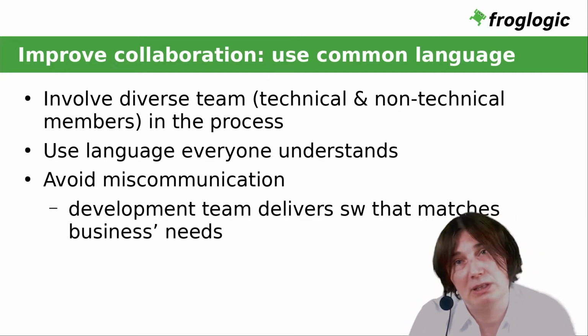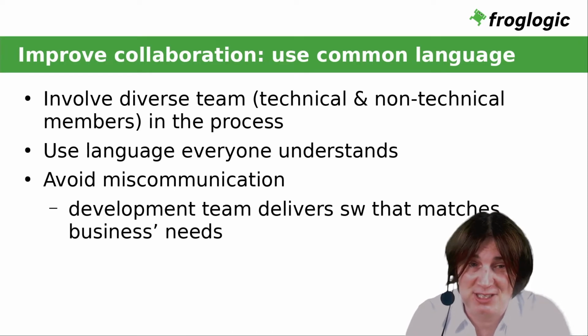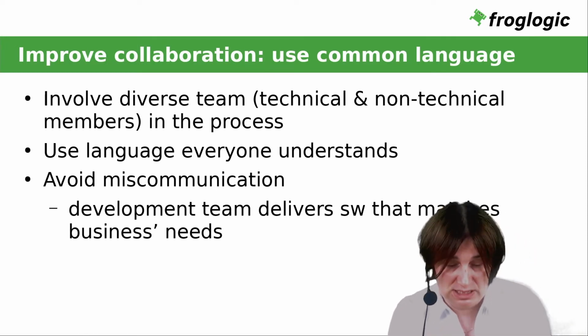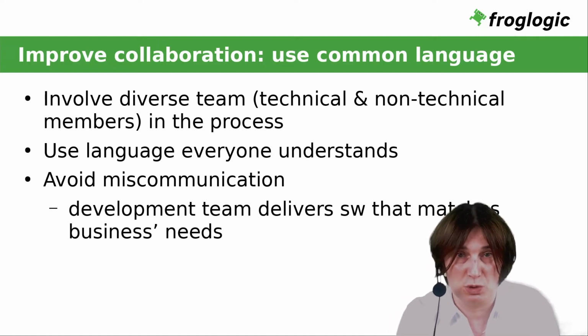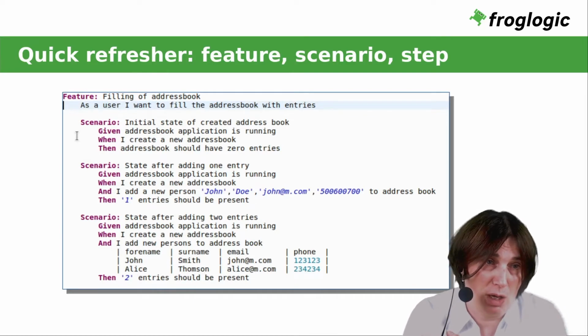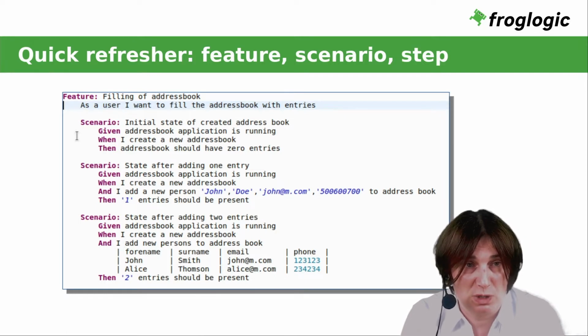We can't completely eliminate it, because every time people communicate, chances are they will misunderstand each other, but we can reduce those misunderstandings using suitable tools and suitable rules and procedures. And our shared goal is to deliver software that matches the business needs and does what the users want it to do.